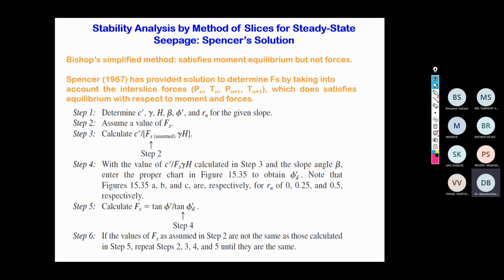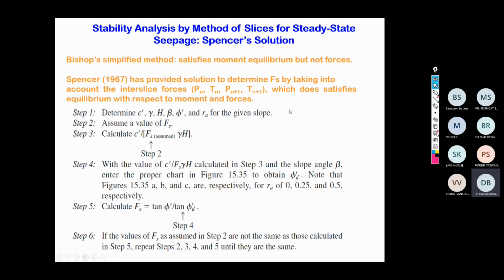There is another method, the Spencer solution, method of slices for steady state seepage. Spencer gave almost the same procedure. Spencer has provided a solution to determine the Fs by taking into account the interslice forces, which satisfies equilibrium with respect to moment and force.